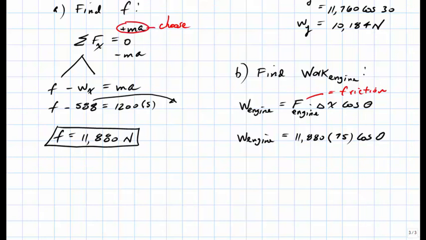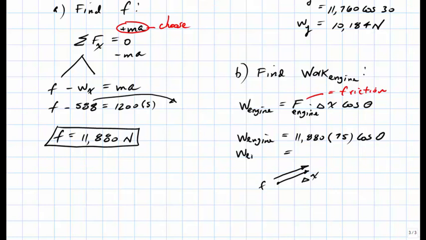Let's explore that graphically. Of course, the force of friction is directed along the incline like this. The displacement is also directed towards the top of the incline. And you can see that the angle between these two vectors equals 0.